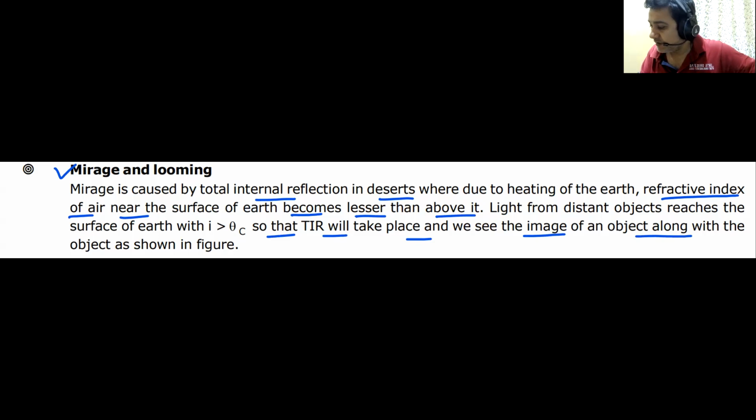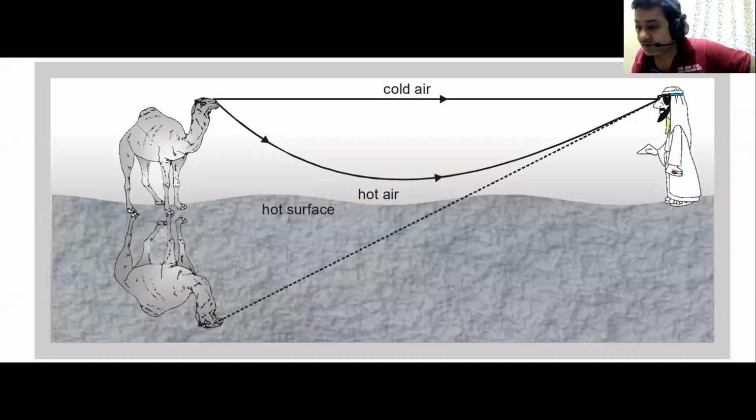I hope you understand the image over here. The image is given in your sheet. I am just trying to show it. This is how light travels. If you have a camel, as you can see, light is traveling from denser medium to rarer medium. It's bending away from the normal, and at one point it cannot go into the other medium.